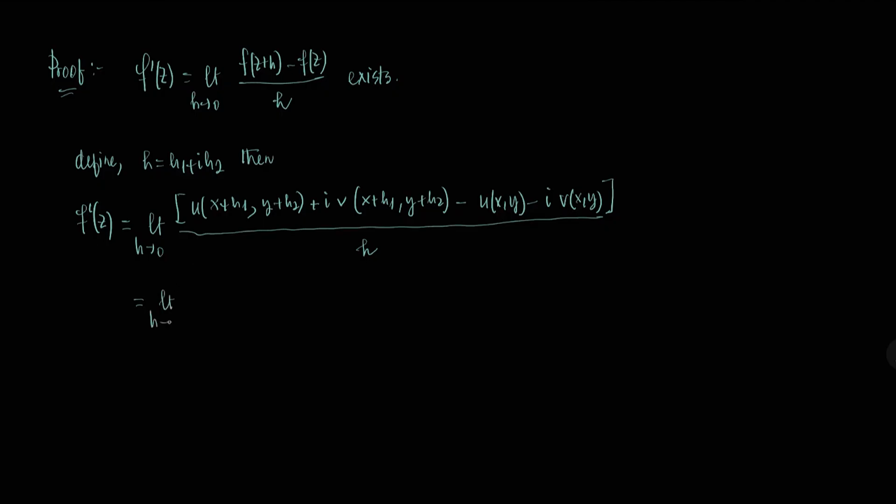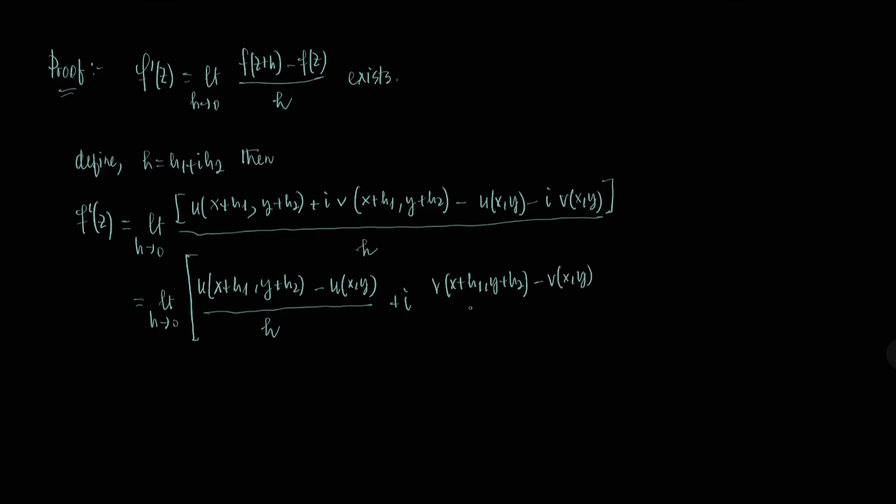So essentially this is nothing but the limit as h tends to 0 of, let's separate out the real and imaginary parts, u of x plus h1, y plus h2 minus u of xy, divided by h, plus i times v of x plus h1, y plus h2 minus v of xy, divided by h.